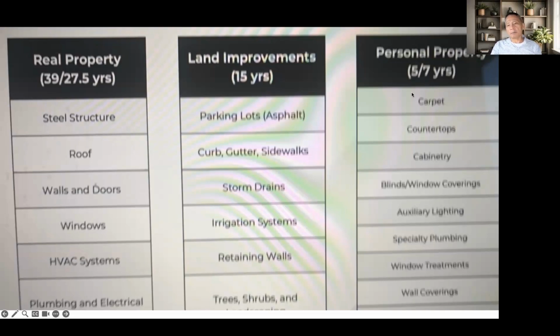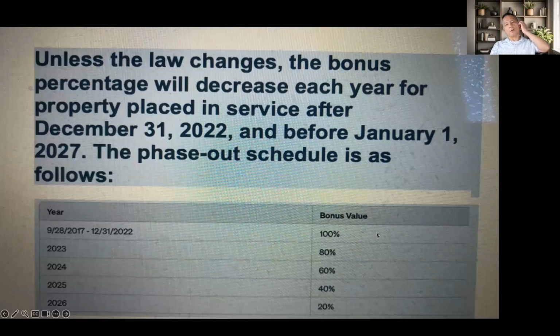And then, even better, the 5 to 7 year accelerated depreciation method using the cost segregation engineering study applies to personal property: carpet, countertops, cabinetry, blinds, window coverings, auxiliary lighting, specialty plumbing, window treatments, the whole nine yards. Make sense?